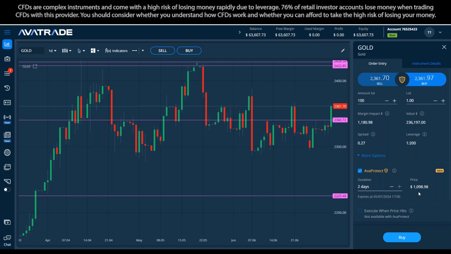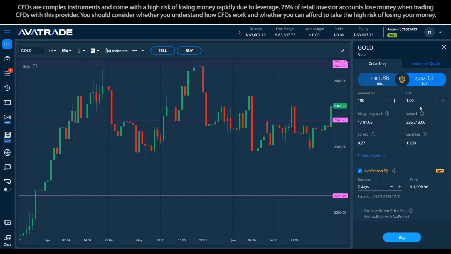This is the sort of thing when you know there are really big announcements, big news coming, potential for really big movement on something, to have a fraction of that potential profit as a cost for protection could make sense. So this is a unique way to protect trades, to do risk management that's not available anyplace else.